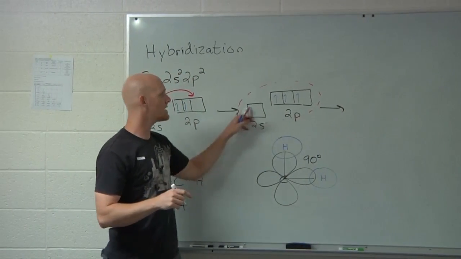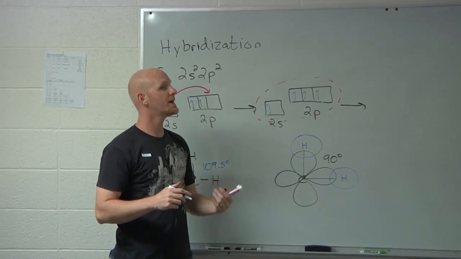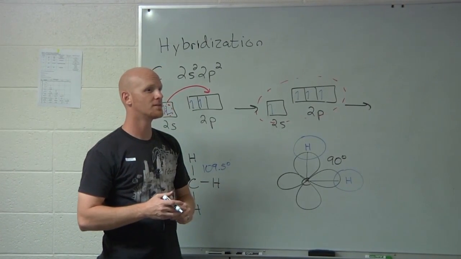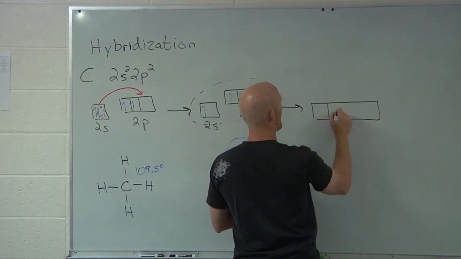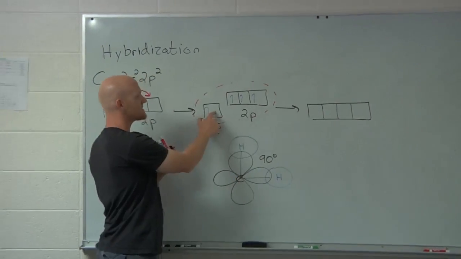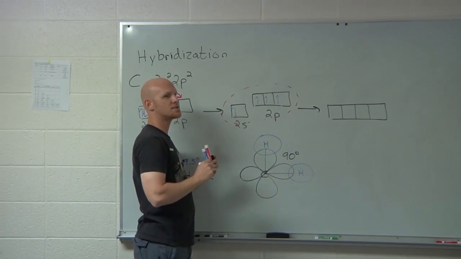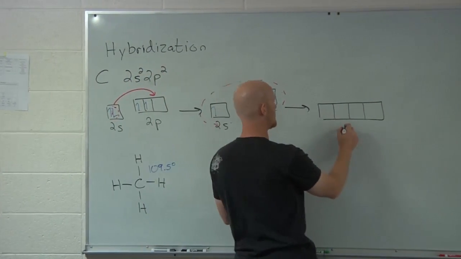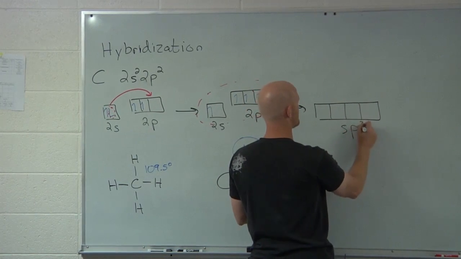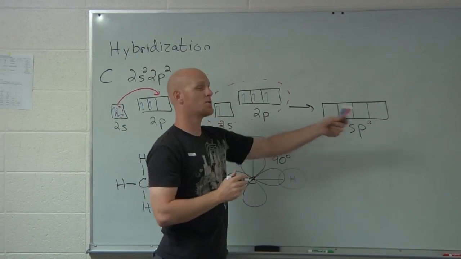And if you recall, when you mix 4 orbitals, you create how many hybrids? 4. And in this case, those hybrids are the average. They're higher in energy than an s orbital, but they're lower in energy than a p orbital because they're in between. And I created 4 of them. And I don't get creative. I just call them, I made it from an s and 3 p's. They're called sp3s, and you always have 4 of them.